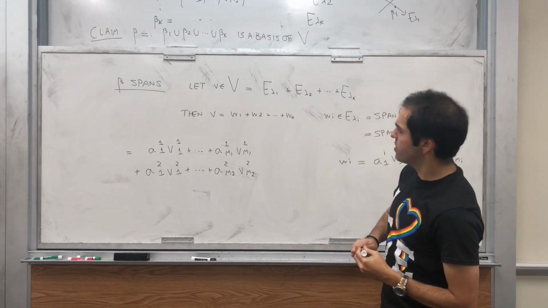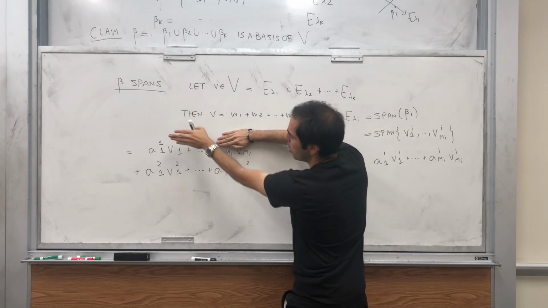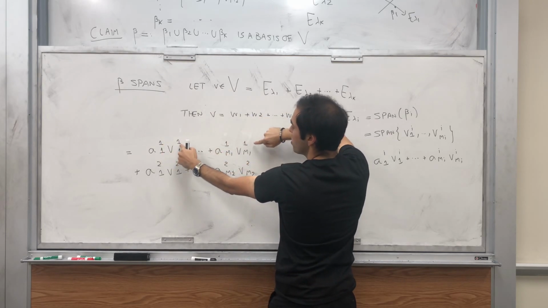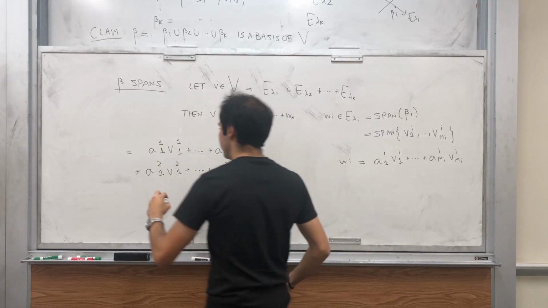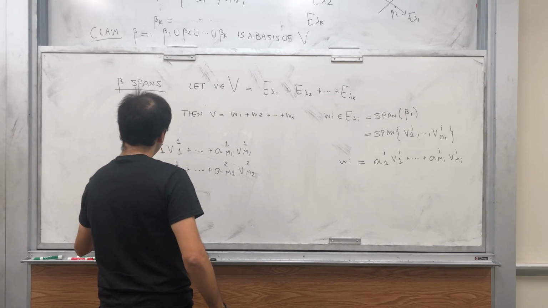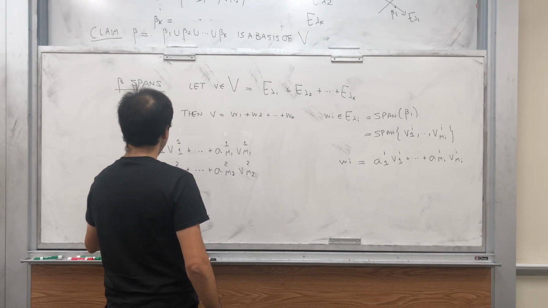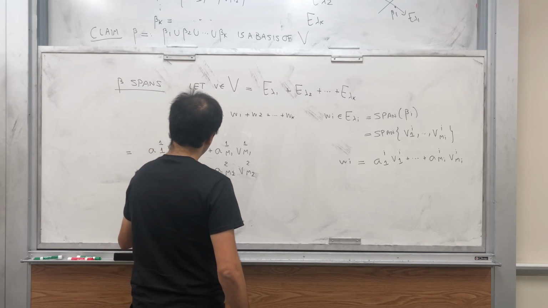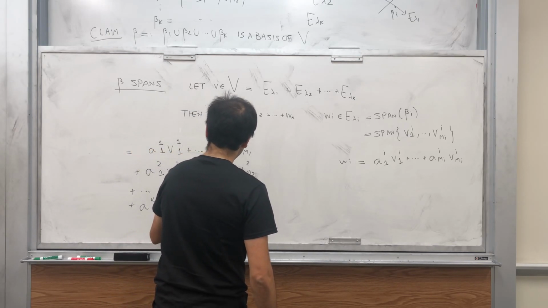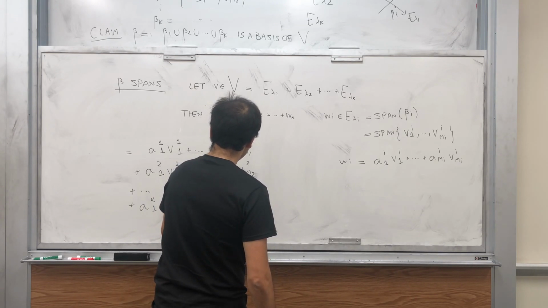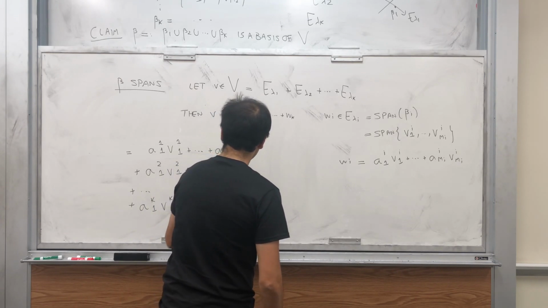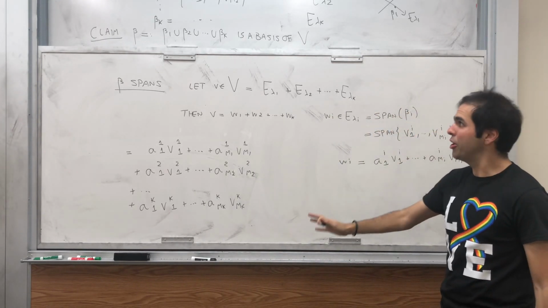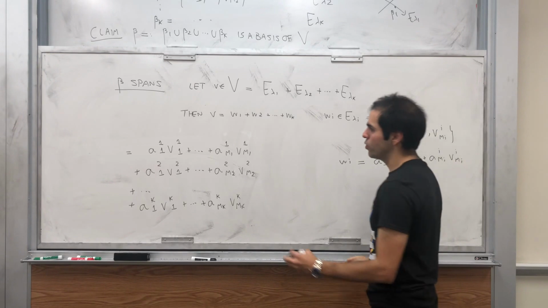So you see, all we're saying is we have a linear combo of v1 up to vm's, but for each eigenspace. So plus dot dot dot, plus this last one, ak1 vk1 plus dot dot dot plus ak mk vk mk. I know, it's a huge sum, but that's precisely what we want.